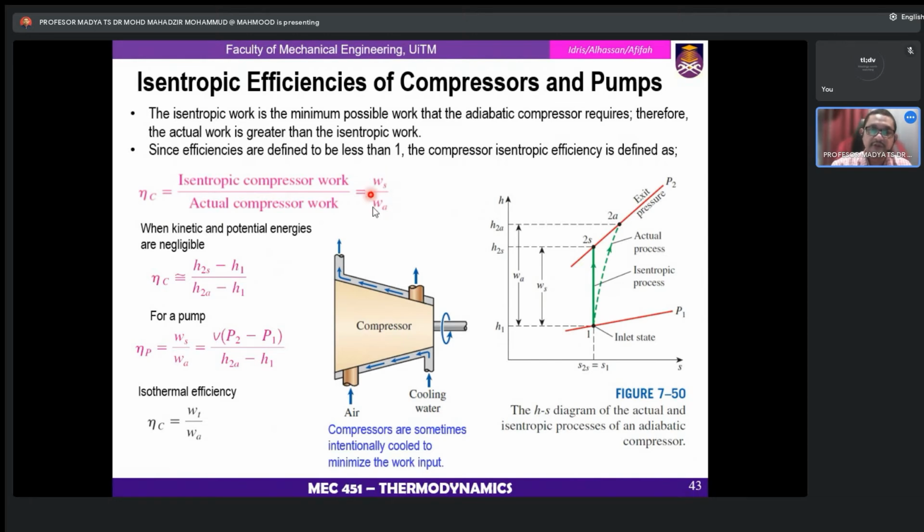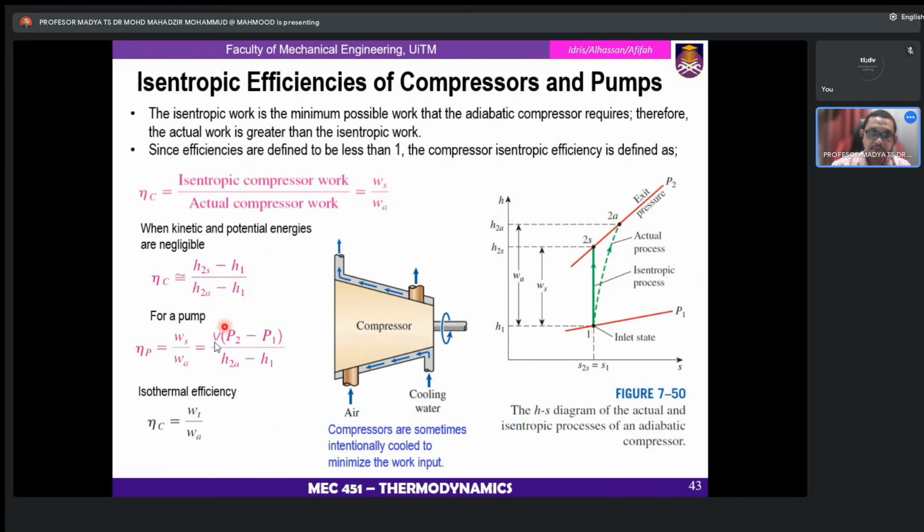You use this work ideal over work actual, and it will give you the isentropic efficiency of compressor and pump. So to find the efficiency of this compressor and pump, you have to find the work ideal. For the compressor, work ideal is H2S minus H1 over H2A actual minus H1.